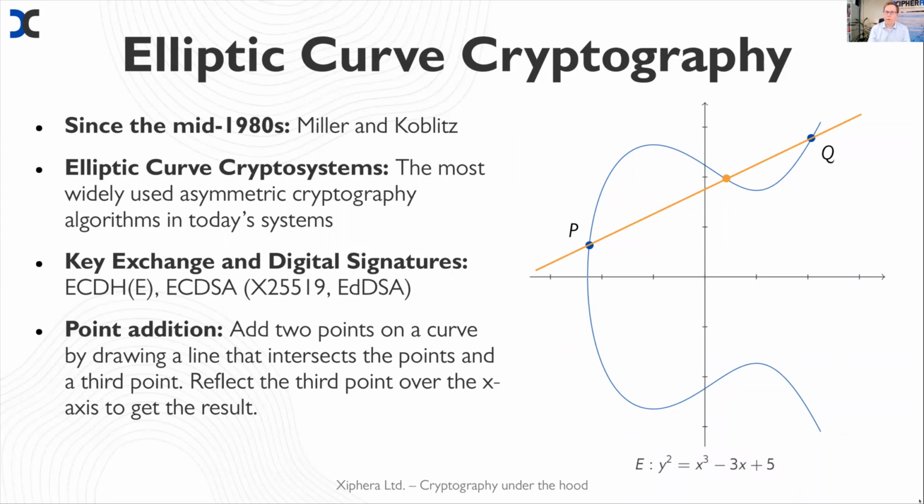And if you invert that point over the x-axis, so you can see that the elliptic curve is symmetric in regards to the x-axis, so if you reflect that intersecting point to the other side of the curve, then you get R, which is the addition of these 2 points, P and Q.